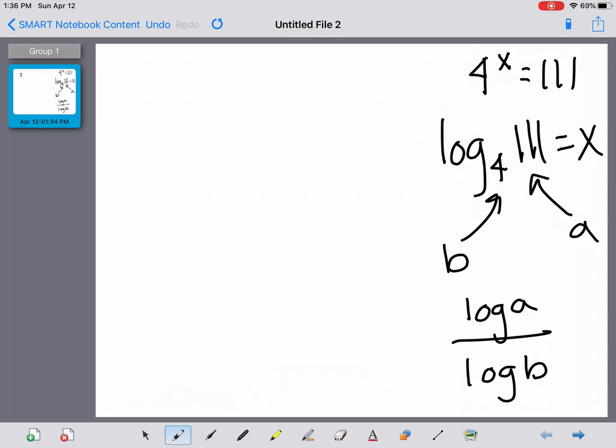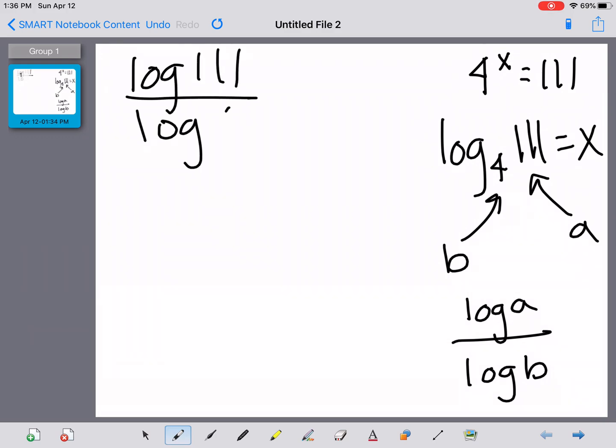I can't just plug this into my calculator because when I punch in log, it's always base 10. So I have to use this change of base formula. In this case, it would be log 111 over log 4. If I punch that in, oops, not that one.